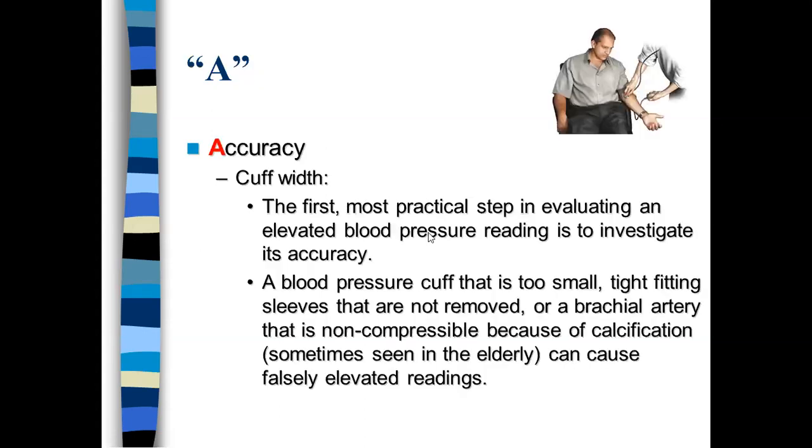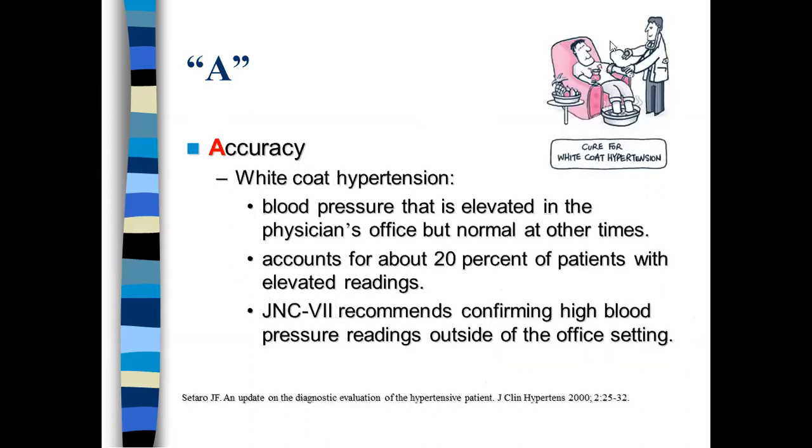As you can see in the slide, accuracy means that you should rest the patient as much as you can. The arm should be extended. The patient should be comfortable, and use the adequate size of cuff, so you can have a good measurement of the blood pressure. And this caricature shows the best way to measure the blood pressure.